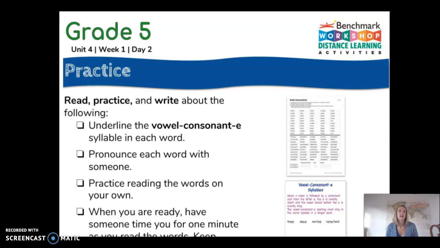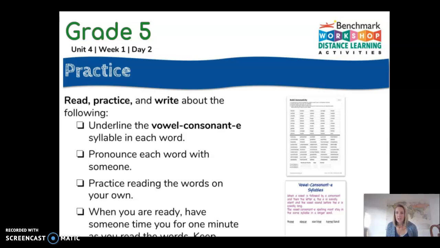Then we're going to follow our normal routine. We're going to pronounce each of these words with someone. We're going to practice reading the words on your own. And when you're ready, we're going to have someone time you for 1 minute. See how many of these words you can read in 1 minute.